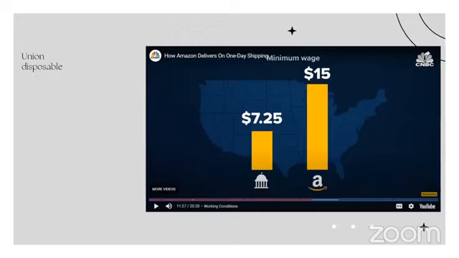Yes, because they say, okay, maybe from this item I would gain 20 pesos. But absorbing the delivery cost, maybe it's, I don't know, 14.